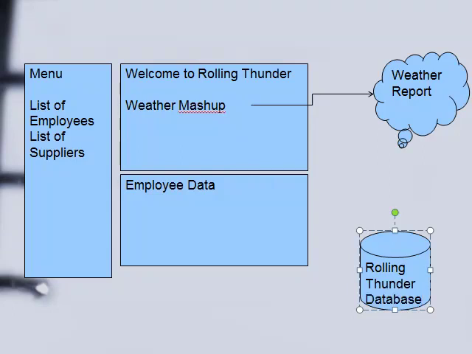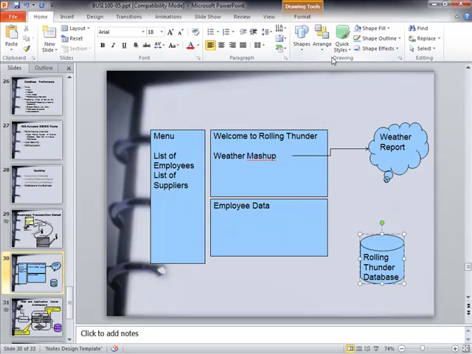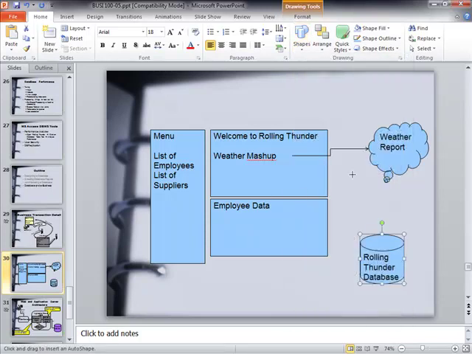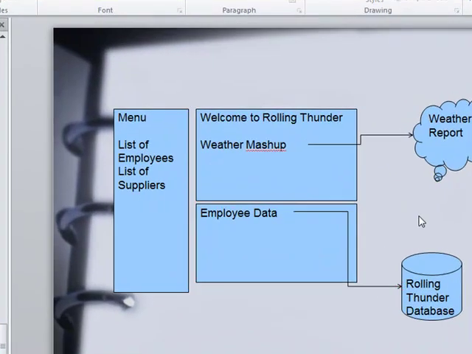In this case, Rolling Thunder, and that will be an Access database that contains a bunch of data for the bicycle manufacturing company. So again, we're going to go out and grab that data, and retrieve it and display it in this section here of our web page. So that's the general layout, and we'll create several of these different pages over the next several labs and for the main project.